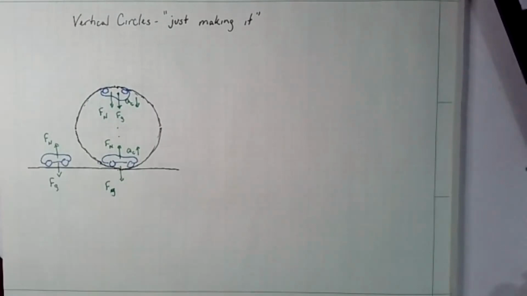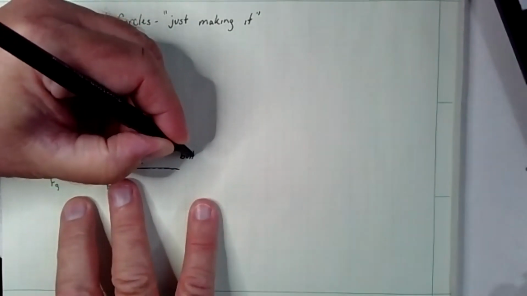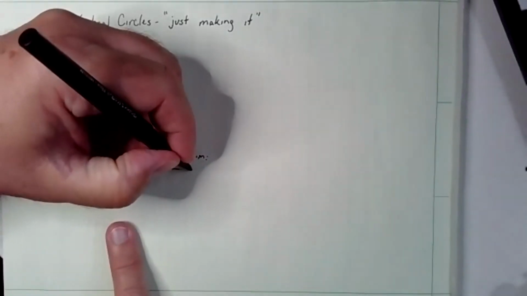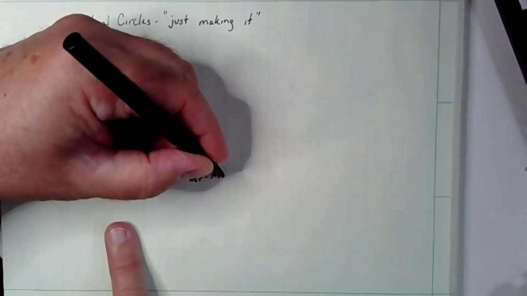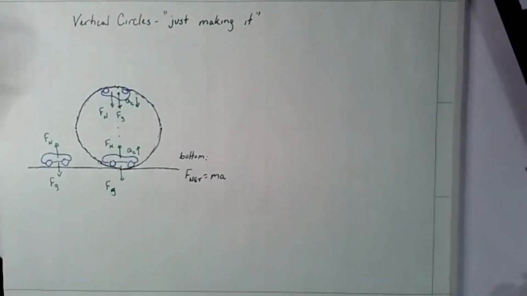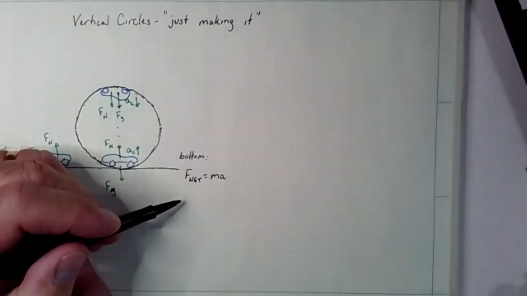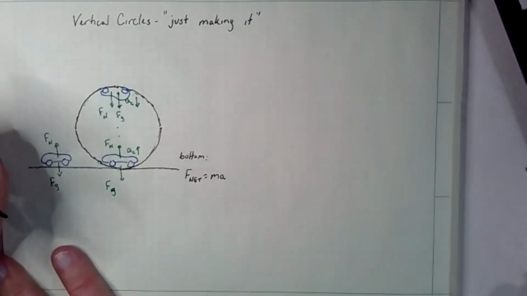So let's take a look at each one of those in a little more detail. At the bottom, when we do Newton's second law, F net equals ma. The causes of the force go on the left-hand side of the equation. What the mass is doing goes on the right-hand side.